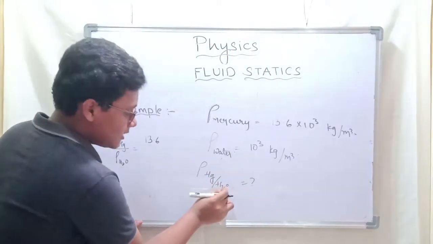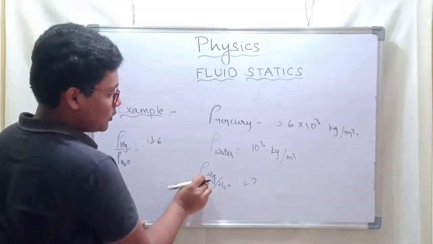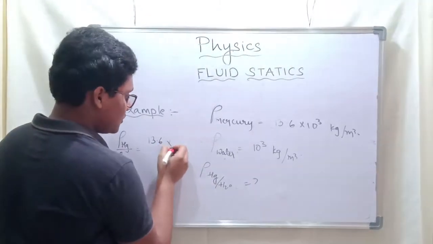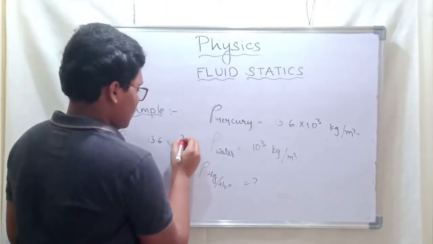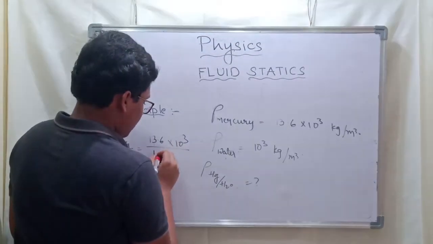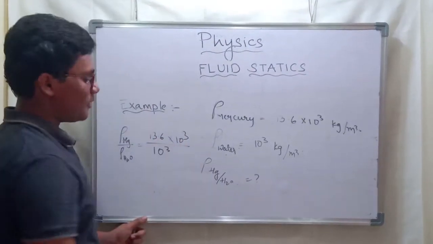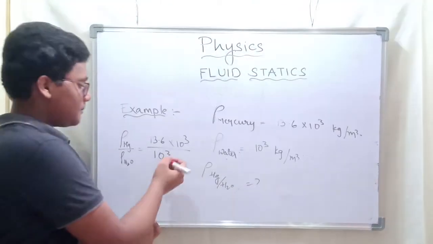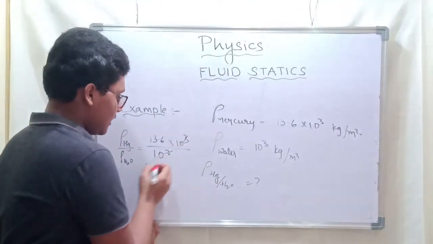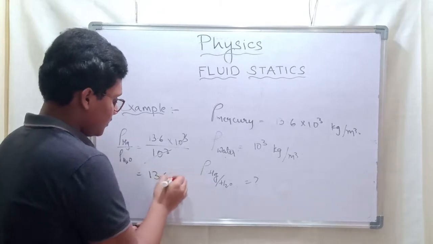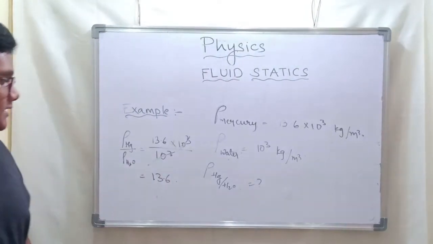It means that water is the reference substance and mercury is the substance being watched. So 13.6 into 10 to the power of 3 by 10 to the power of 3 kg per meter cube, and this 13.6 is the relative density.